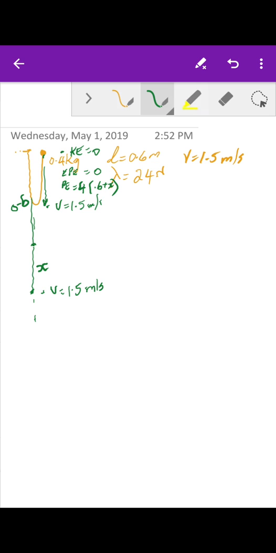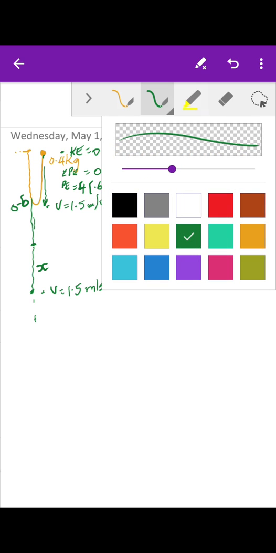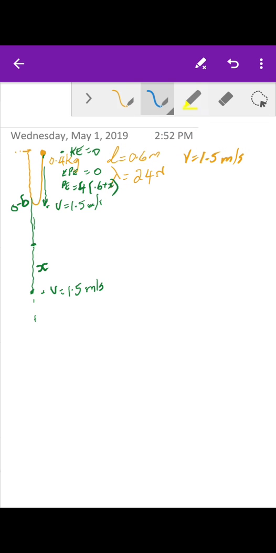Now at the base down here, let's just change the color and say kinetic energy will be half times mass 0.4 times velocity 1.5 squared. Elastic potential energy, because there's a stretch here, is going to be lambda over 2 times natural length, so 2 times 0.6, times x squared.